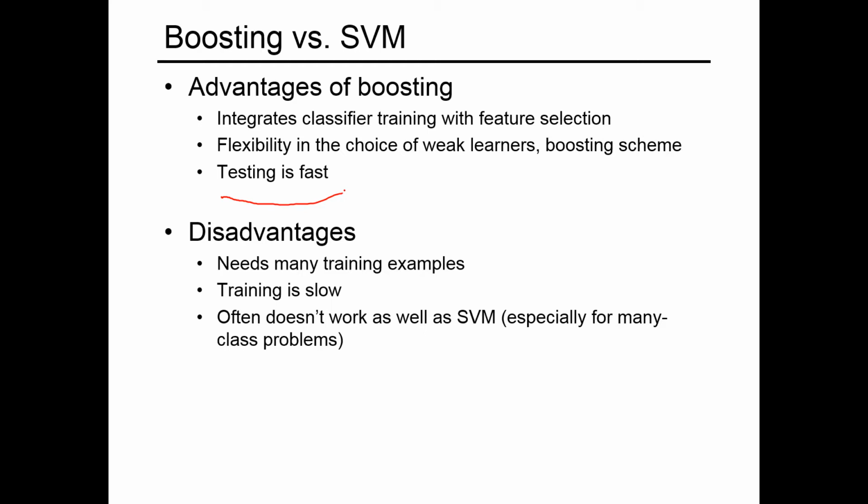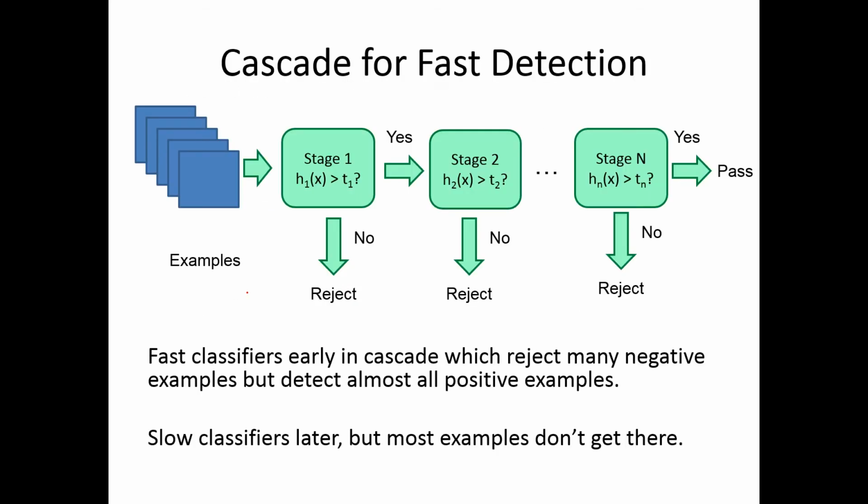The disadvantage is that it's pretty slow in terms of training, and typically needs more training samples than SVM. In terms of pure performance, it usually does not perform as well as SVM. But training is slow, while testing is really fast, as I just mentioned.